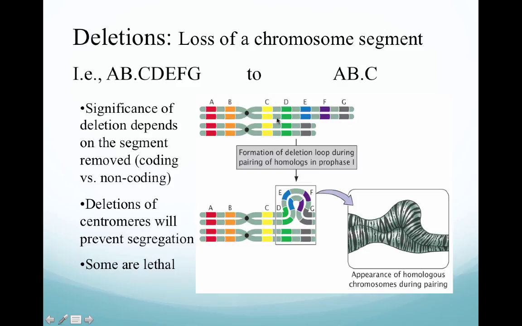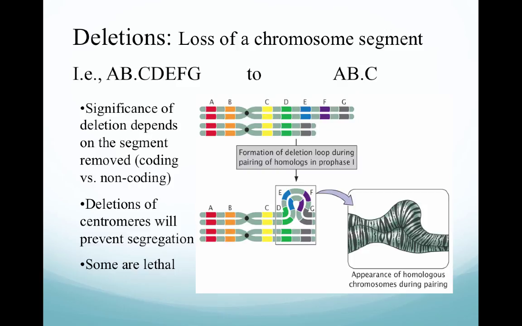However, if you have a part of the chromosome that's deleted that is in between coding regions or in between genes, we call those introns. If you have deletions happening there, it's not as serious because it shortens the chromosome up, so there is an exact matching, but you're not deleting genomic material.